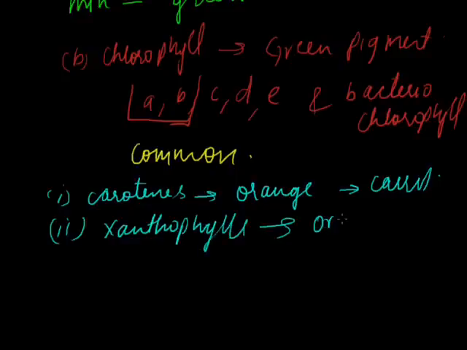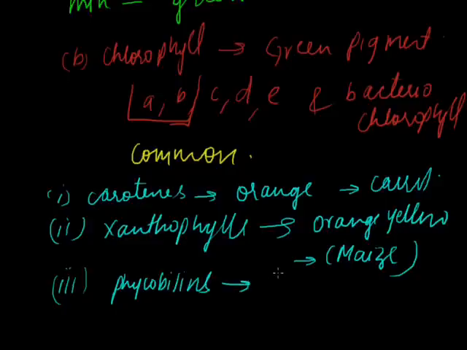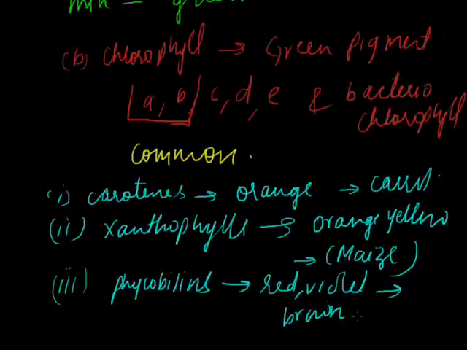Xanthophylls are orange-yellow in color, and a common example is they are present in maize. Third type of pigment except chlorophyll is phycobilins. They are of different colors like red, violet, etc. and they are present in brown or blue-green algae.